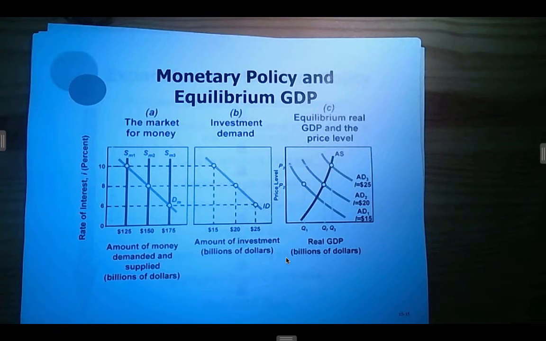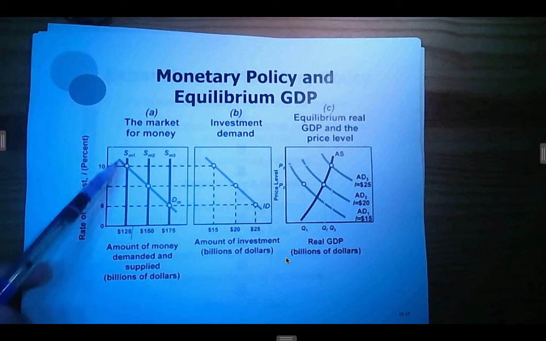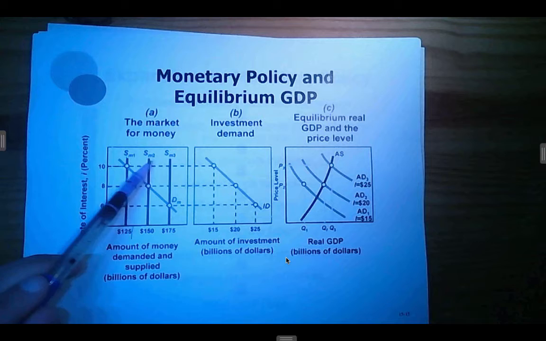And you see that then played out here. I can look at what my money demand looks like for various money supply points. Different money supply points, right?